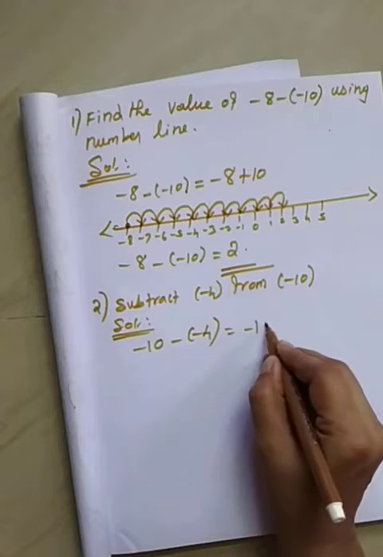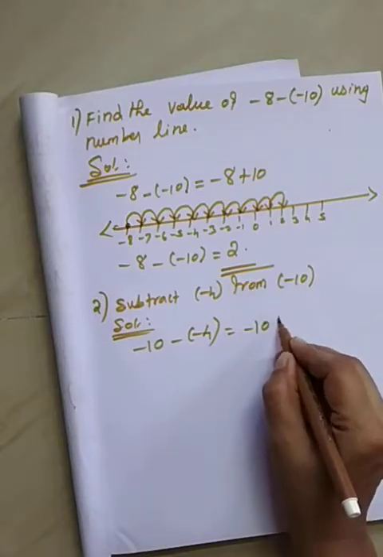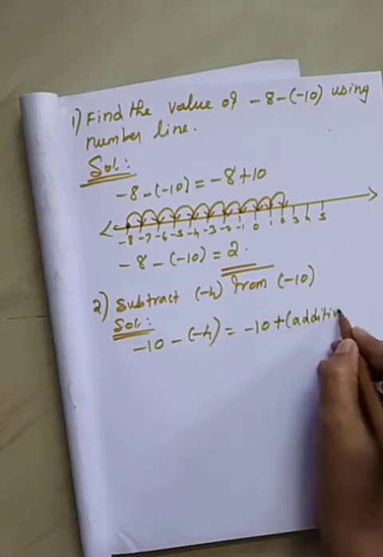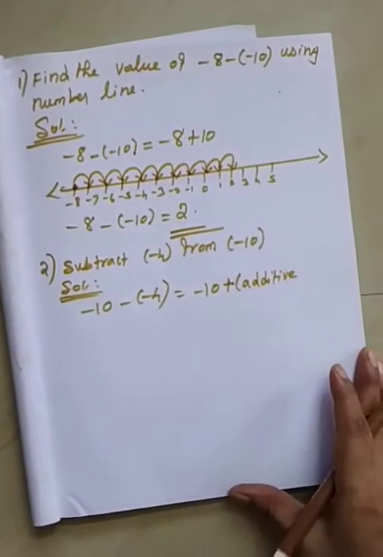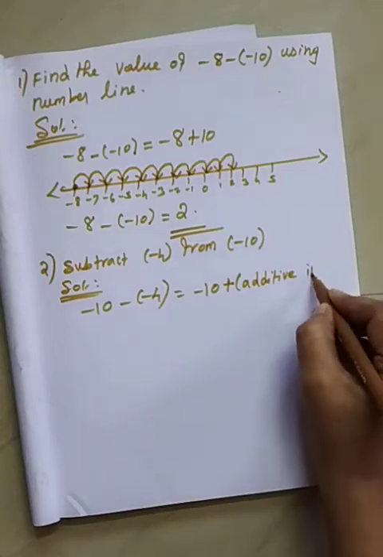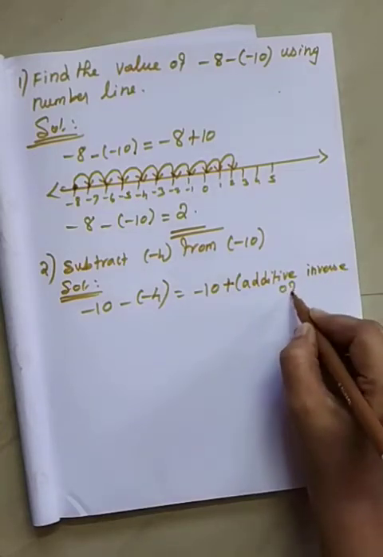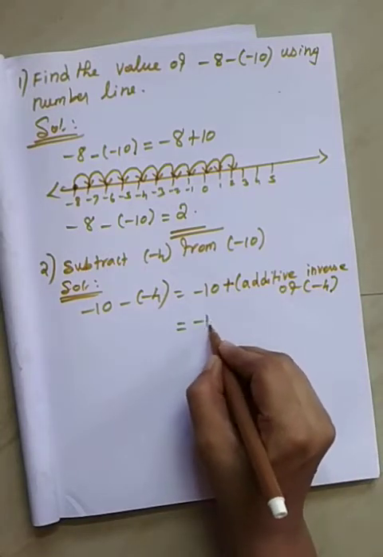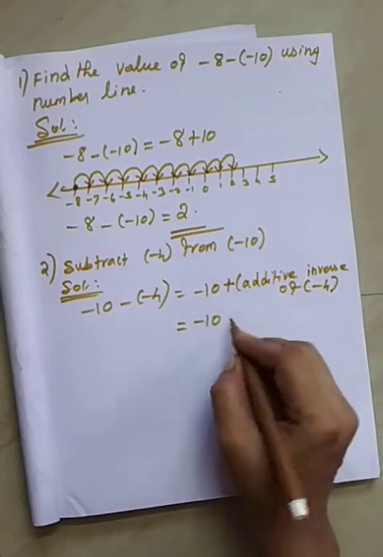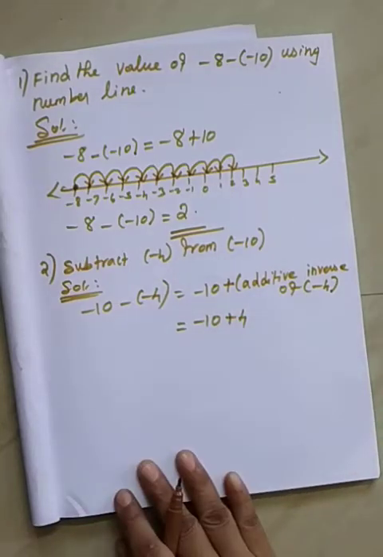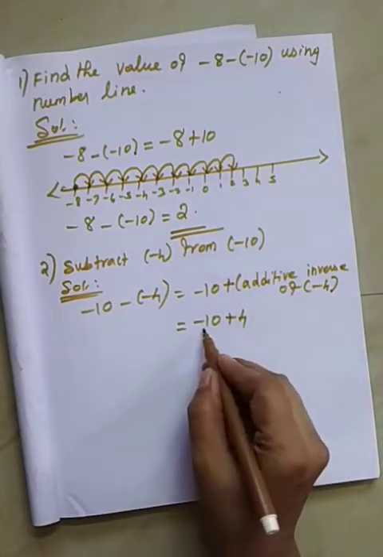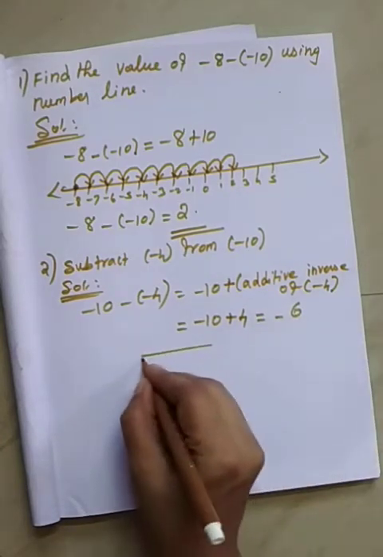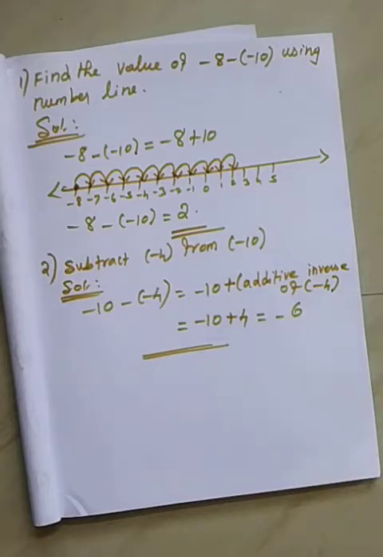So here you can write -10, put plus the additive inverse of minus 4. Clear? So minus 10 in this one plus 4. Clear everybody? So minus 10 plus 4 is equal to minus 6. This is the normal subtraction.